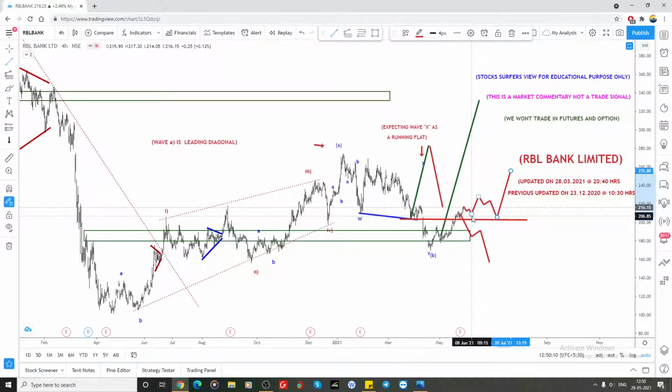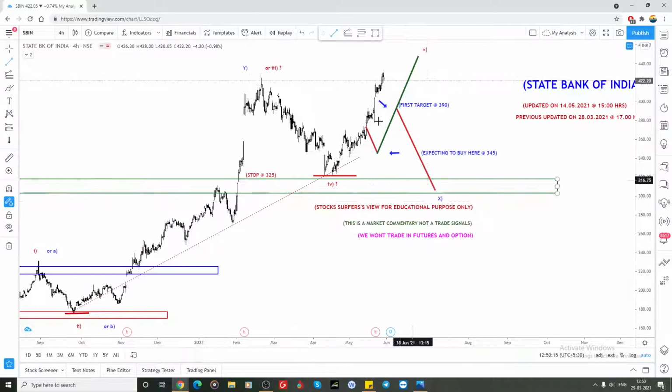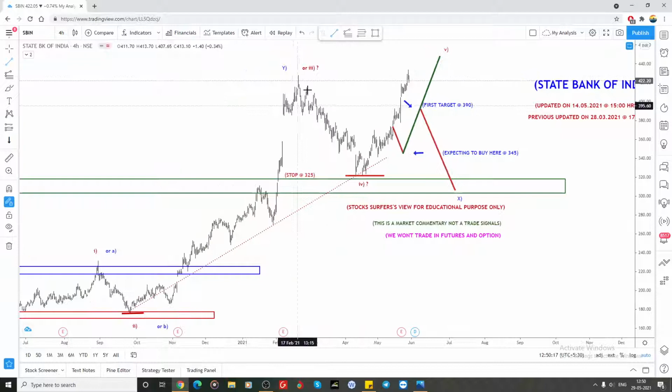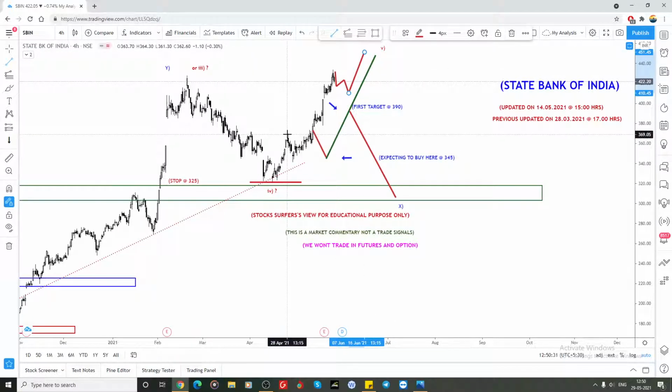Next is SBIN. So it's clear, right? It's a third, fourth, and it looks like the fourth wave is still on the way, the bigger fourth, and one more 5, as I said, right? It's the fifth wave. So 1, here is a 2, 1 2 3 4 5.